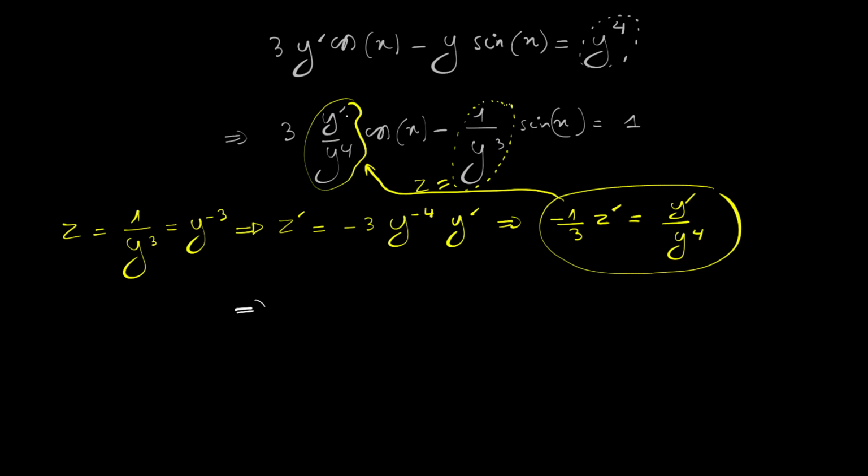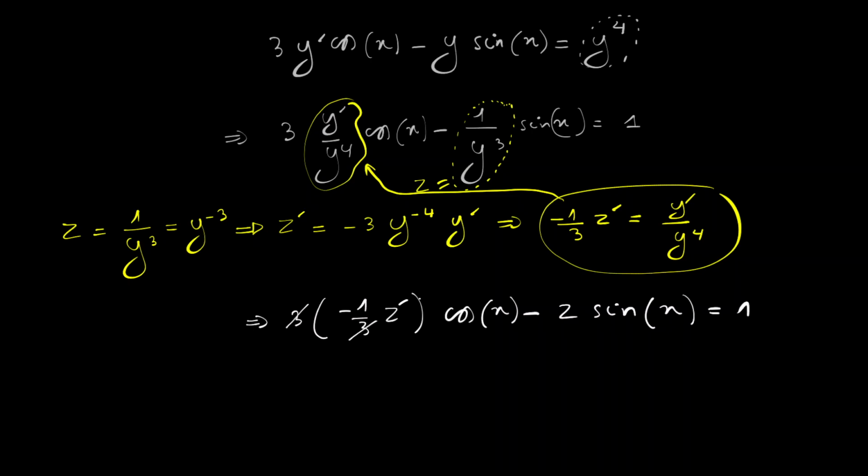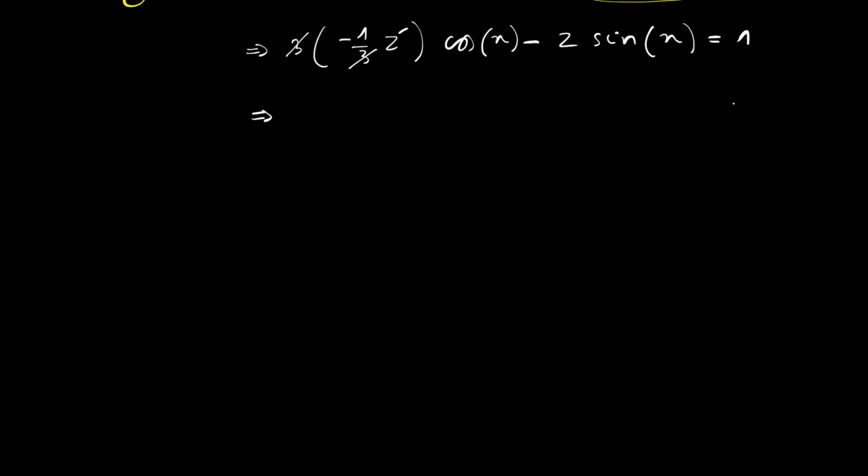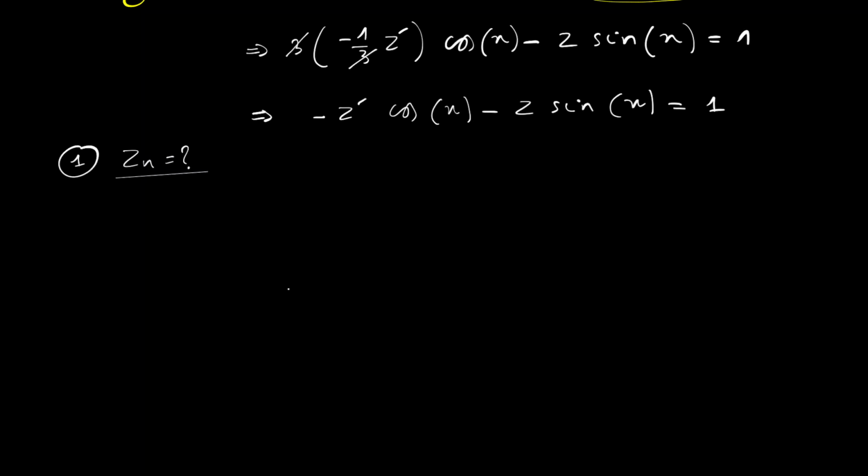So substituting z and z prime back into our equation, it becomes much simpler like this. Our equation becomes like this, which is linear.